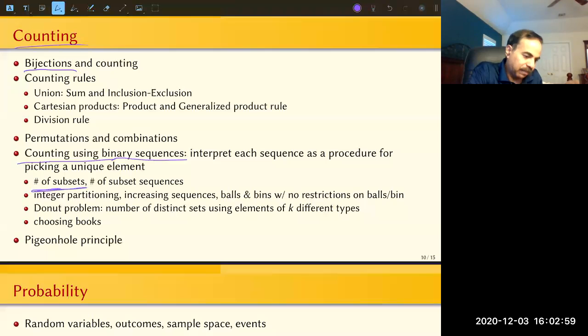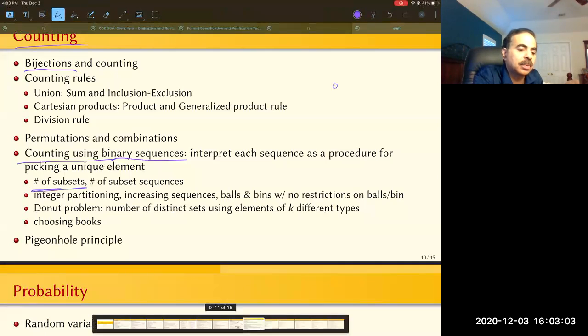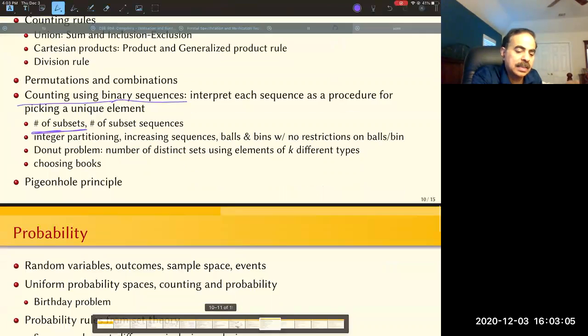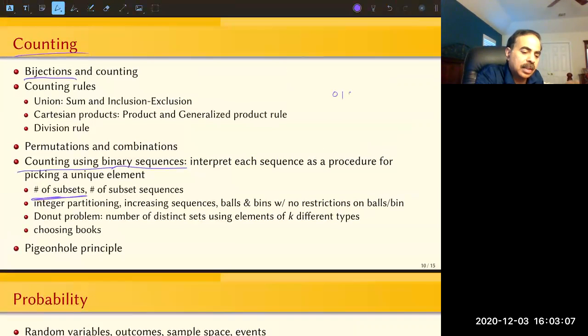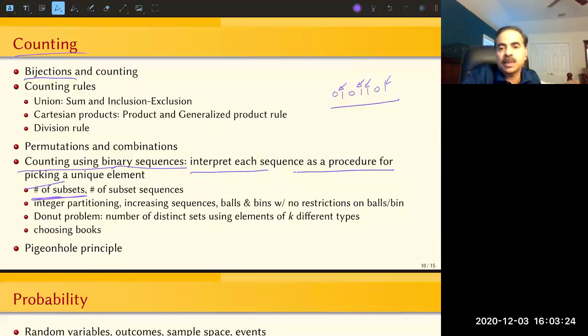So for instance, a subset can be mapped to a sequence of zeros and ones by essentially saying, so this says pick the second element of the set, the fourth element, the fifth element, and the seventh element of the set, right? So that's what I mean by interpreting the sequence as a procedure for picking.